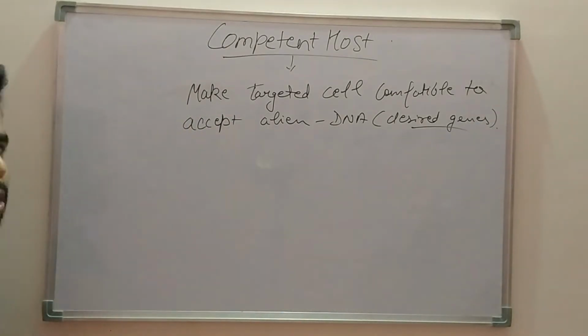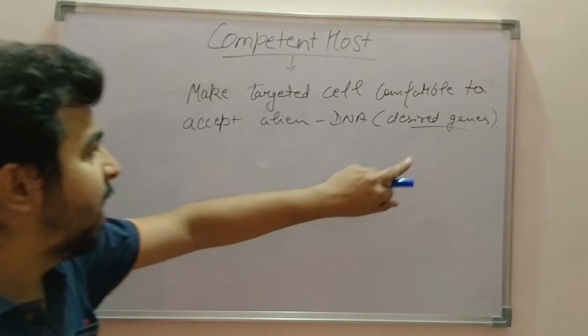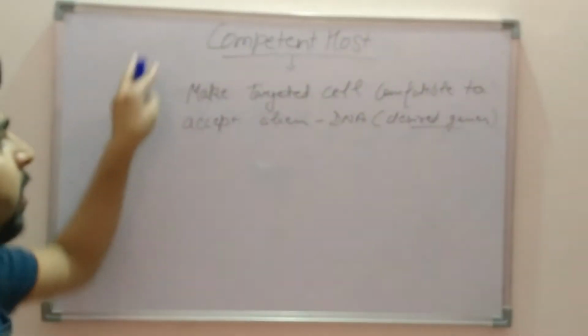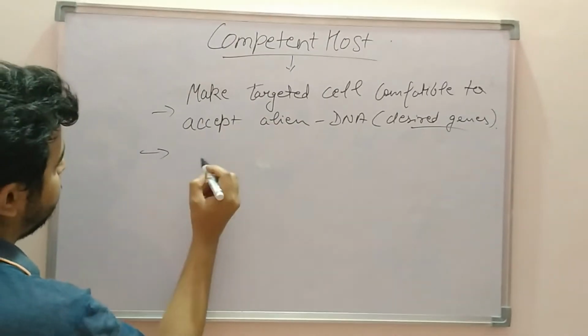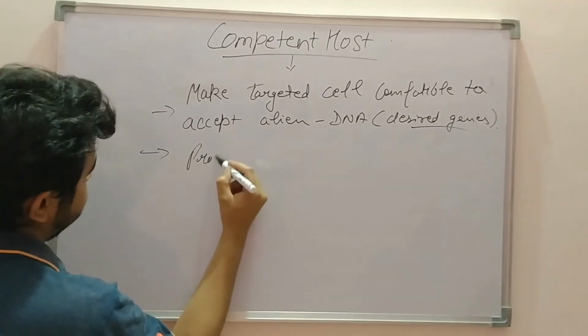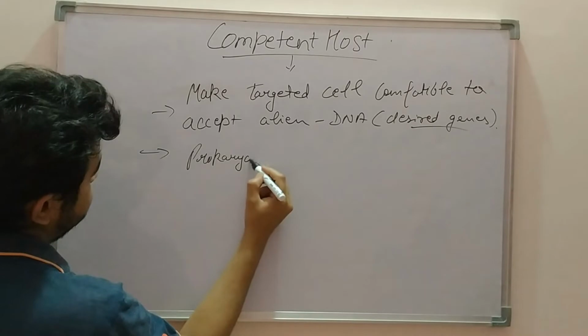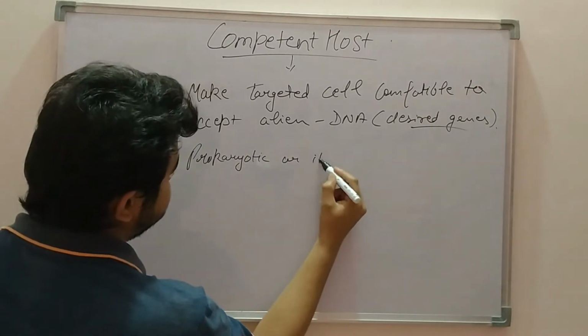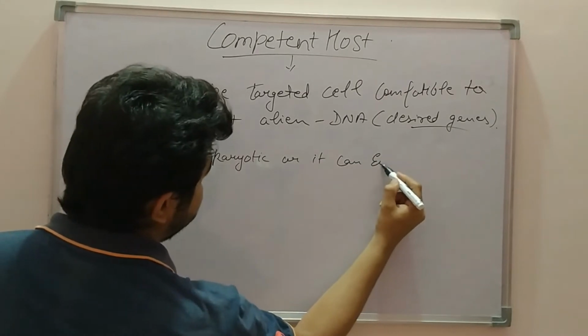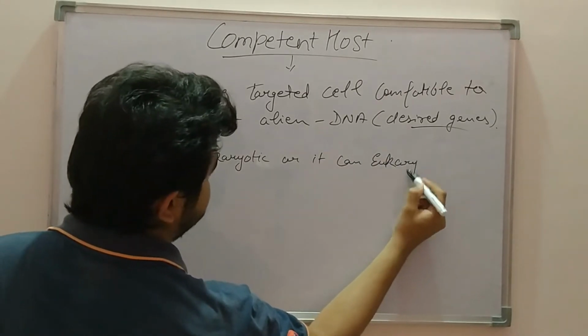So basically it is not an easy method to just directly take alien DNA and insert it into the host. The host can be either prokaryotic or eukaryotic cells, according to our need.